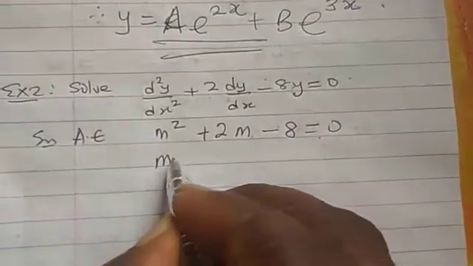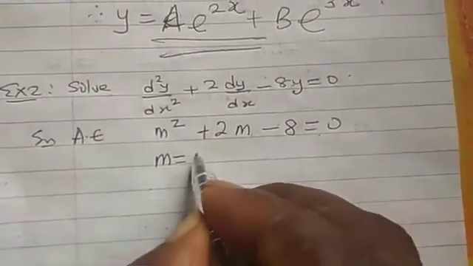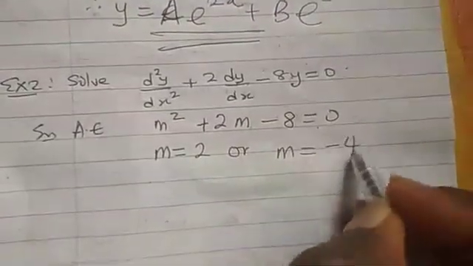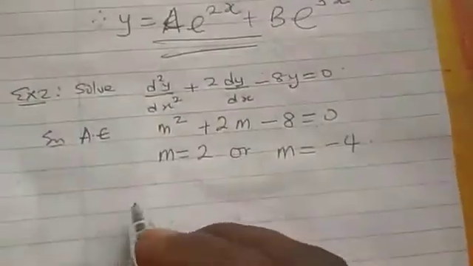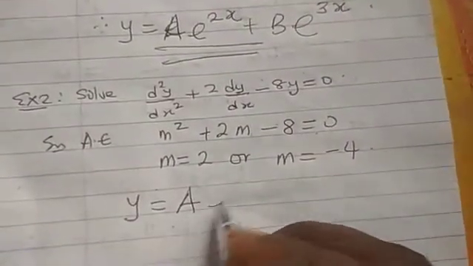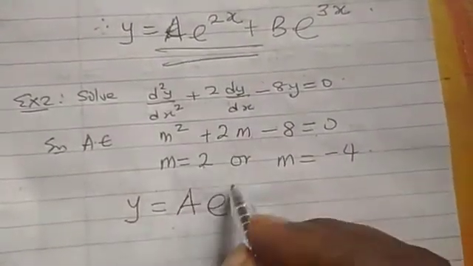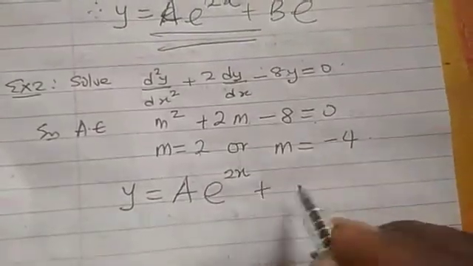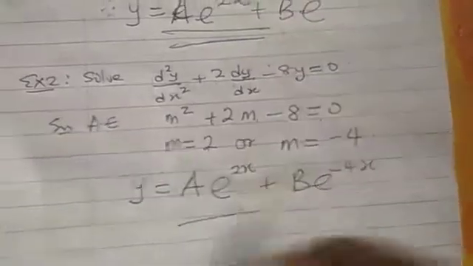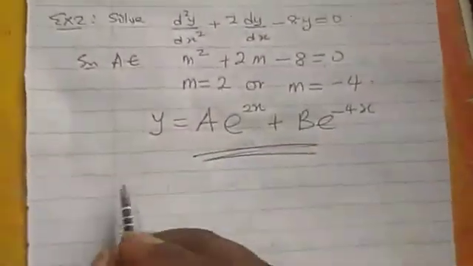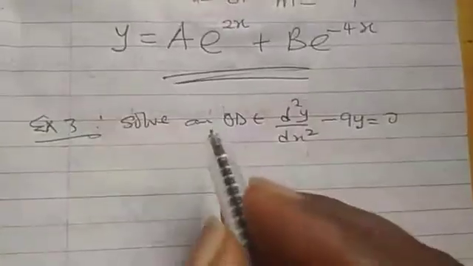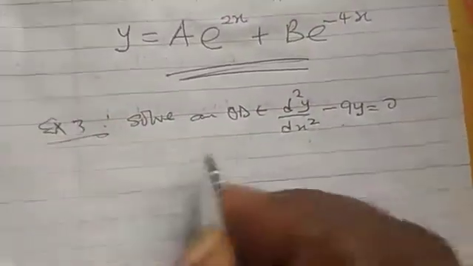Solving it, we have m is equal to 2 or m is equal to minus 4. Then the general solution will become a exponential 2x plus b exponential minus 4x. So that's our answer.